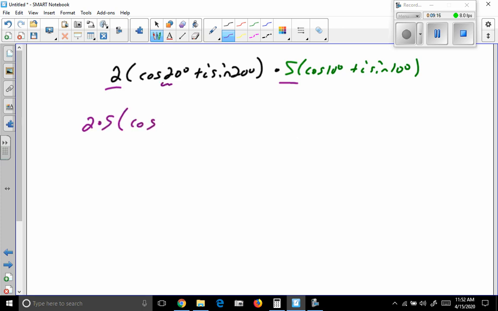So this angle plus that angle. So 20 plus 10 would be 30. And then the same angle for sine. 20 plus 10 is 30.